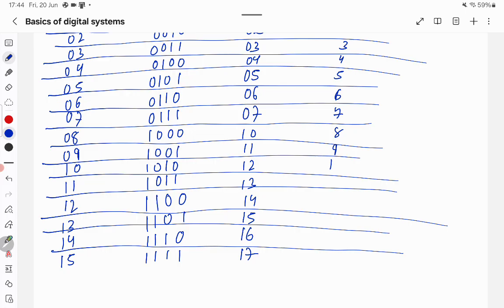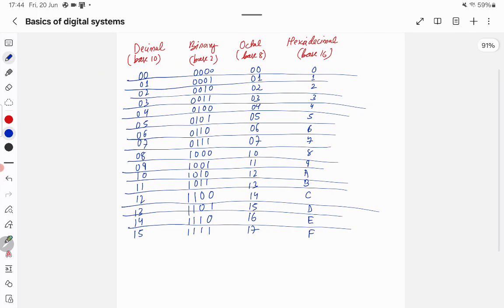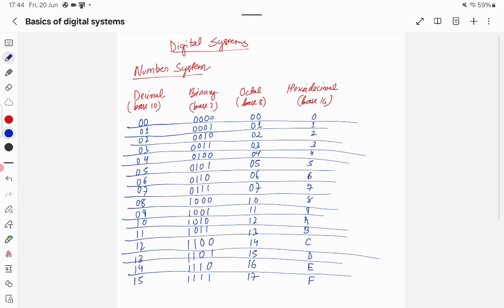In octal we were writing 10, but in hexadecimal we will write A, B, C, D, E and F. So this is your table for the different conversions. This is a number system table with different bases: base 10, base 2, base 8 and base 16.